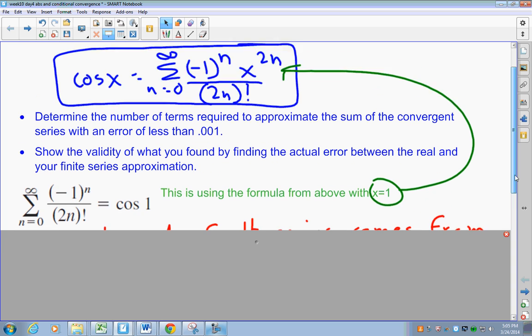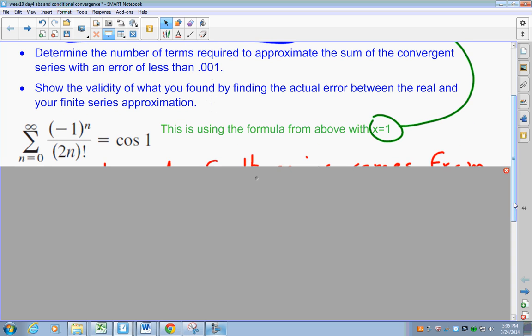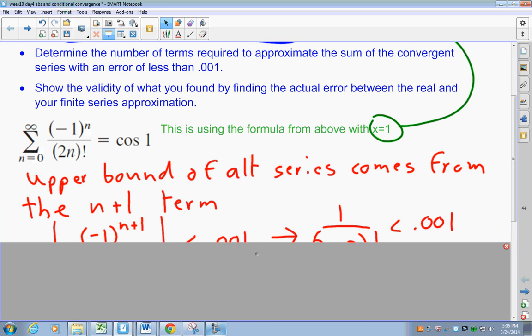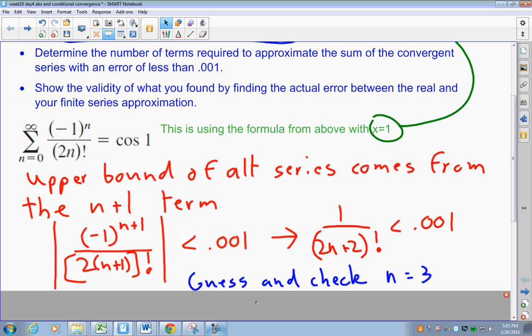All right, so let's take a look at what I did. Remember, it's an alternating series because of the (-1)^n. So the error comes from the n plus 1 term. That n plus 1 term is (-1)^(n+1) over (2(n+1))!.